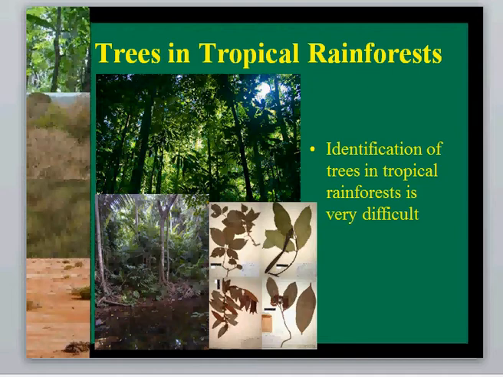Okay? Particularly if you're looking at those leaves at about 20 to 30 meters up in the canopy. Using binoculars helps a lot, but it can be very difficult. So identification of tropical trees in tropical rainforests is very difficult.